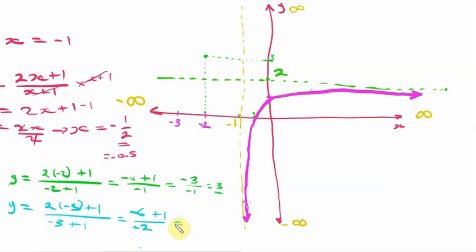So minus 6 plus 1 is minus 5, over minus 2. 5 divided by 2 is 2.5. So 5 over 2, 2.5.